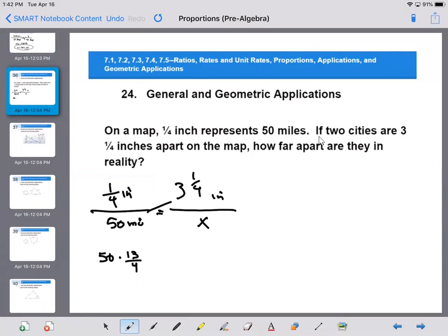Notice I changed 3 1/4 to an improper fraction, and then 1/4 multiplied by X. So 50 times 13 is 650, divided by 4 is 162.5, which is equal to 1/4 X. So I'm just going to multiply both sides by 4, and that would be 650 miles in reality.